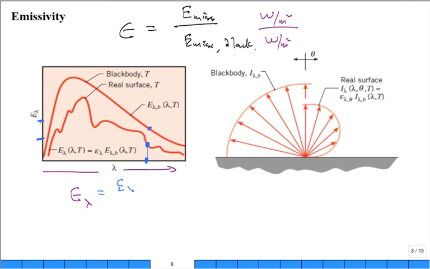So it would be E sub lambda actual divided by E sub lambda black. It'll be less than 1. The emissivity will never be greater than 1. And you can tell the emissivity for this problem varies as a function of the wavelength. You just see that ratio of those two segments. Okay.